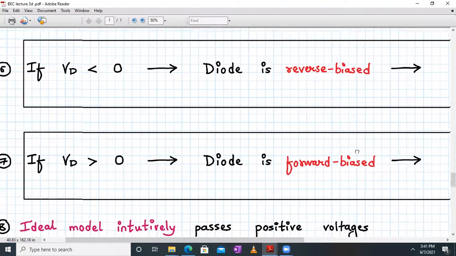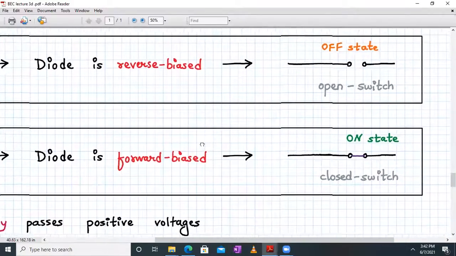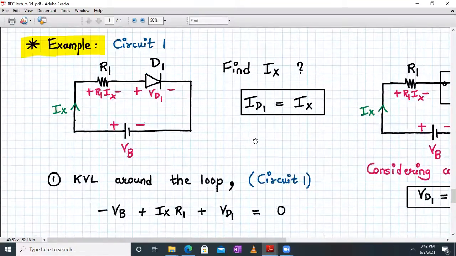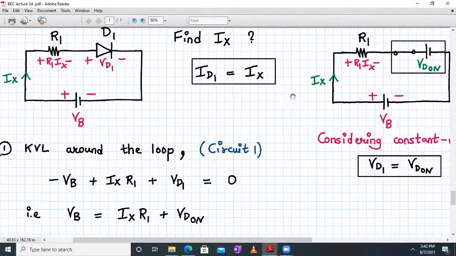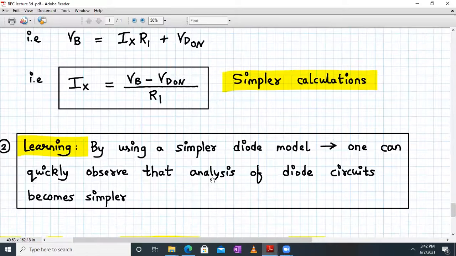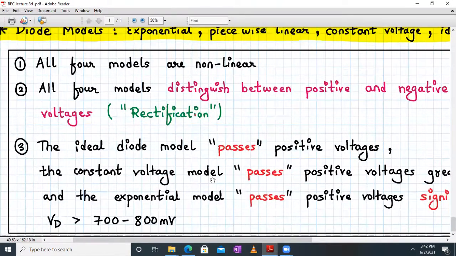VD greater than zero, less than zero, diode is forward and reverse biased, on and off state, and closed and open switch. Okay, and we have seen whenever we replace a diode with its equivalent model, the analysis of that circuit becomes much simpler, and that is the learning takeaway from this slide. Okay, and this is the summary of all the diode models which we have studied so far.